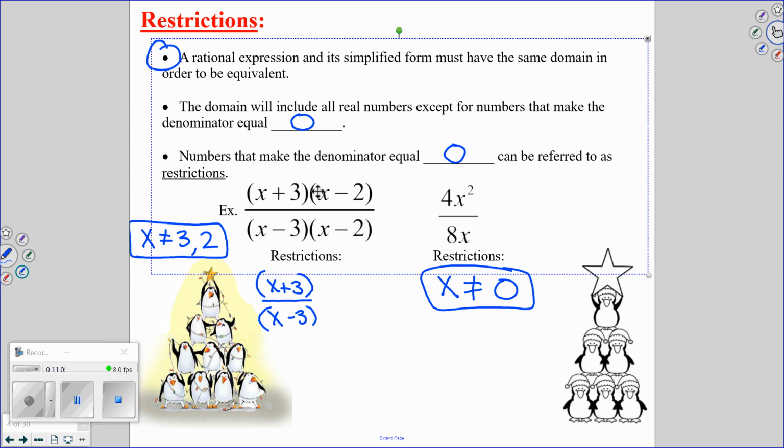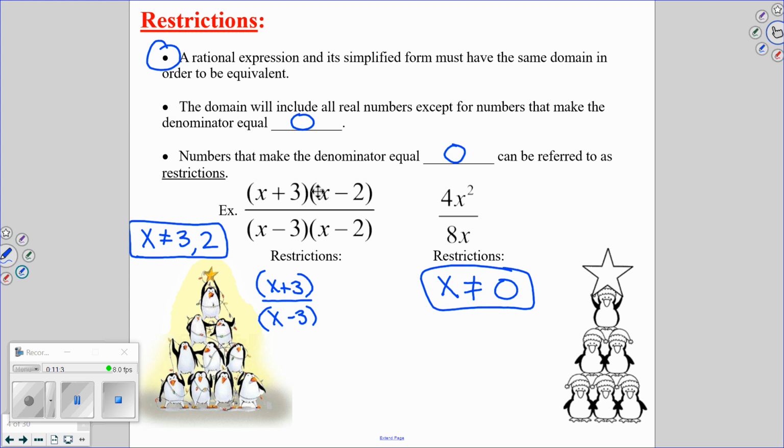If your baby brother was an 8x, what would you tell me x equals? 0. We are finding what the x would be in the denominator that would make it a 0 down there. In other words, you're solving. Solve the bottom. Set them equal to 0 and solve. That's really what we're doing here.